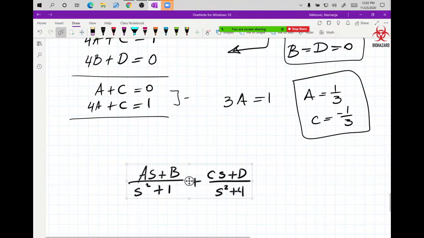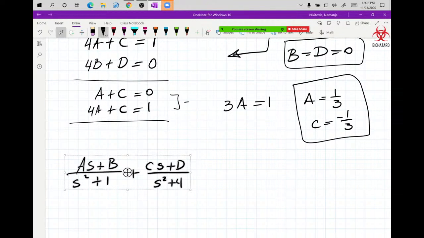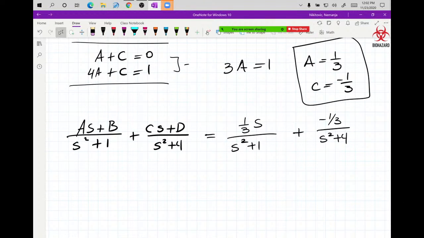So now, this setup becomes: a is 1/3, so 1/3 s divided by s squared plus 1, plus negative 1/3 divided by s squared plus 4. So that's your F of s. So your F of s is equal to 1/3 times s over s squared plus 1.